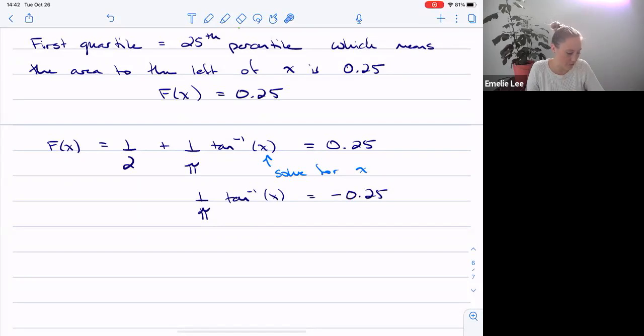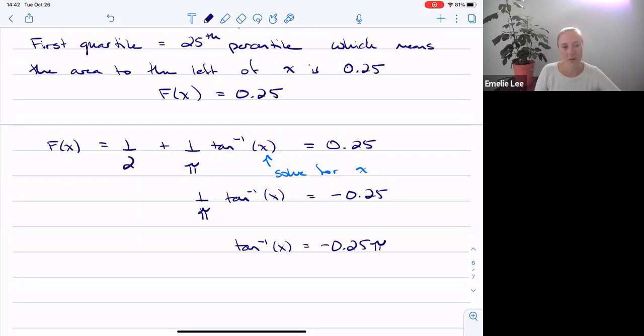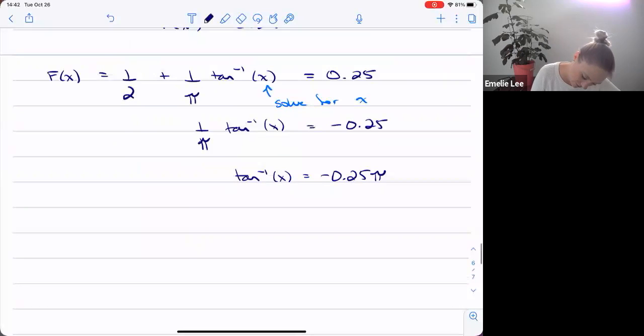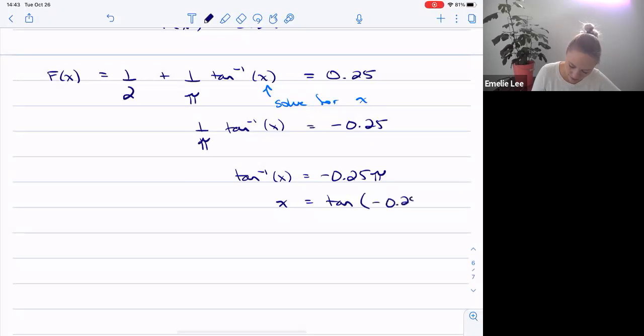Negative 0.25 pi. So then I have tan inverse of x is negative 0.25 times pi. I've got the tan inverse, so I can just take the tan of both sides. And so then I have x is the tan of negative 0.25 pi.